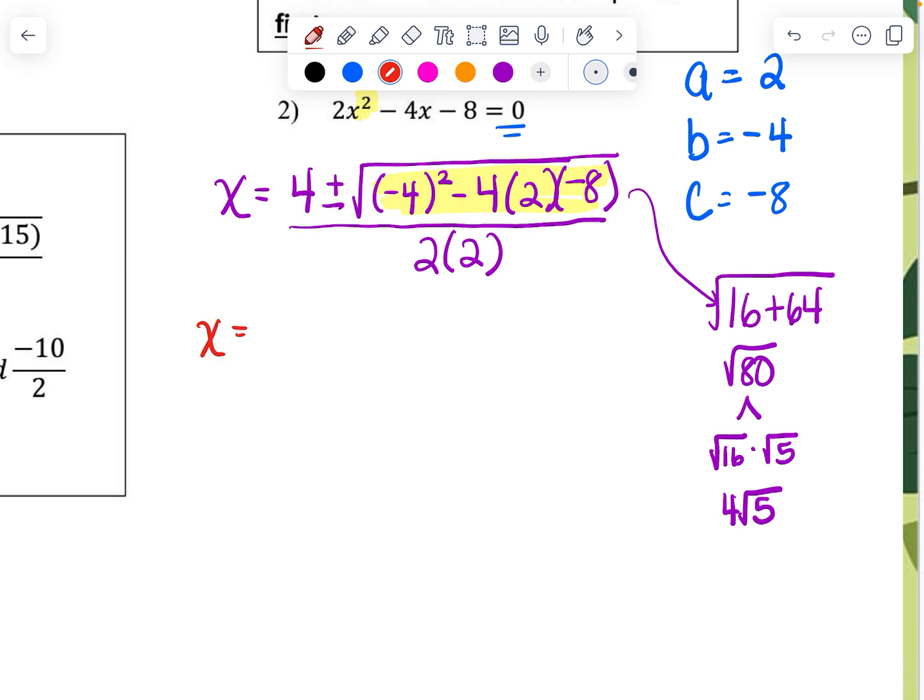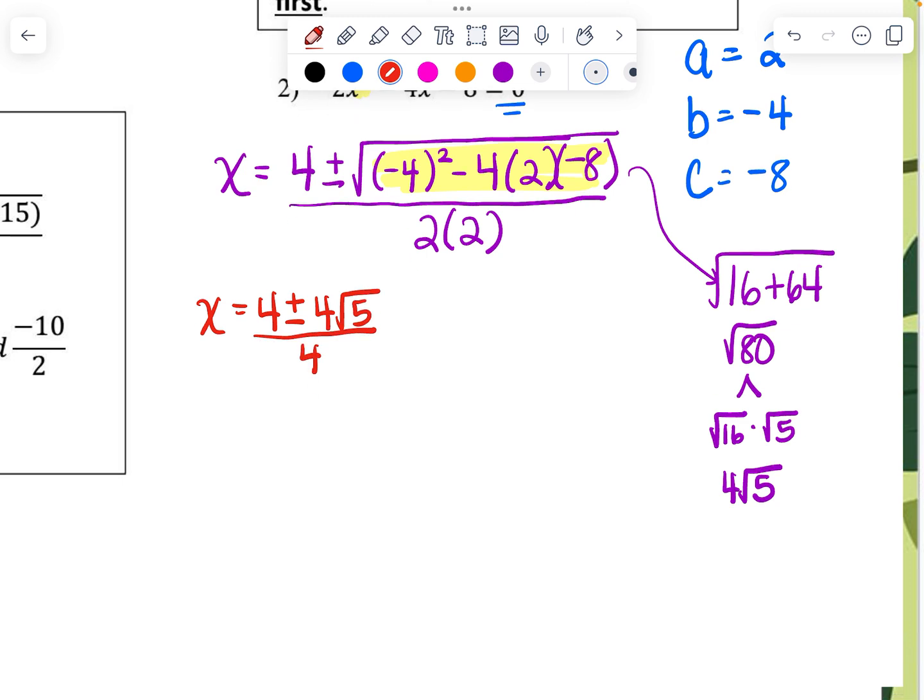So x equals 4 plus or minus 4 square root of 5, divided by 4. I'm going to break this up so you can see what that really looks like. I've got 4 divided by 4 plus or minus 4 square root of 5 divided by 4. When I say it's divided by 4, every single term is divided by 4. So I can continue simplifying.